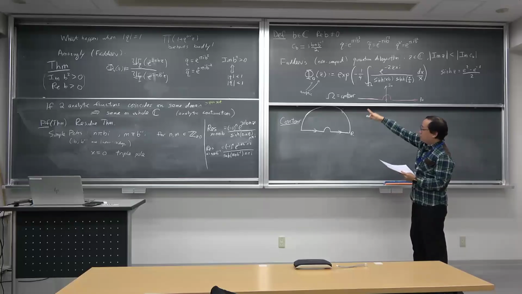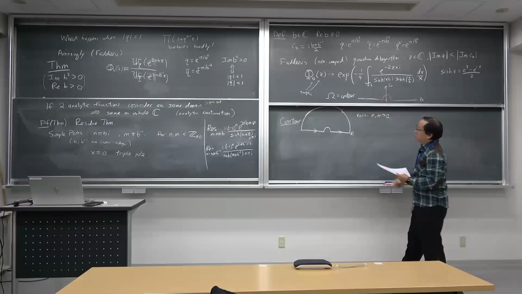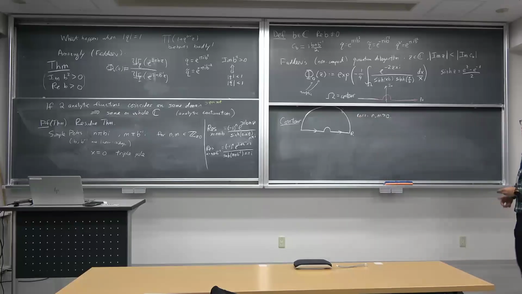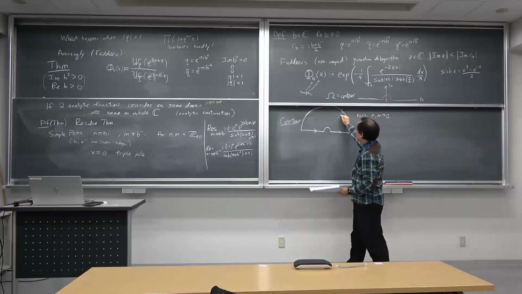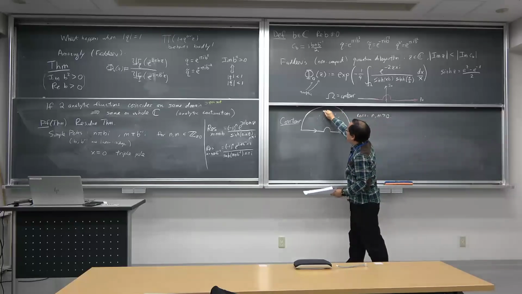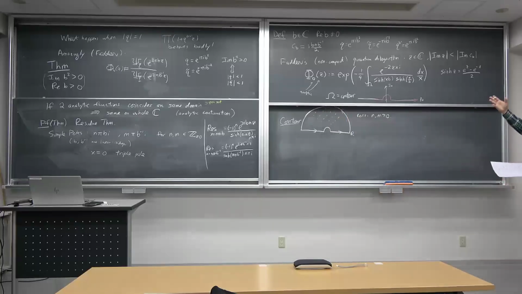If I choose this contour, then it corresponds to the case n and m bigger than 0. So I'm just looking at the poles where n and m are positive. It will look something like this. B is complex, so B may not be real, so it is somehow slanted.